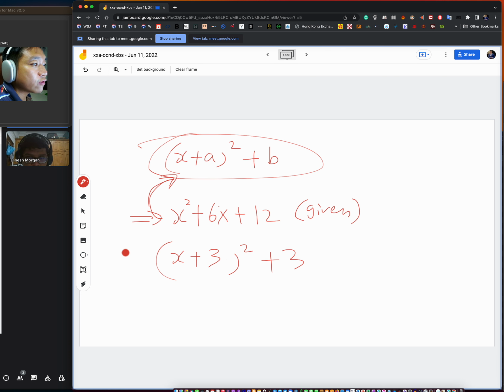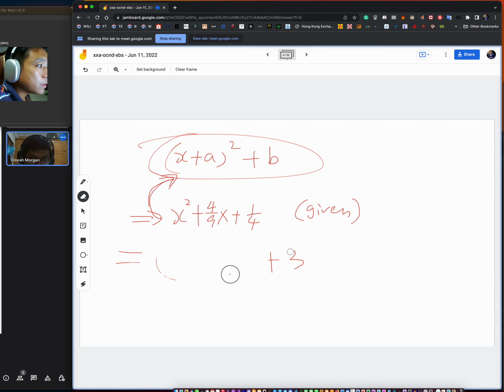That's the completing square format. This question is slightly easier, but what if you get questions like this, and it gets more complicated?